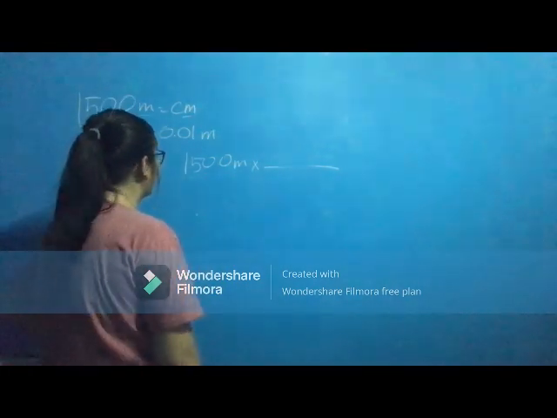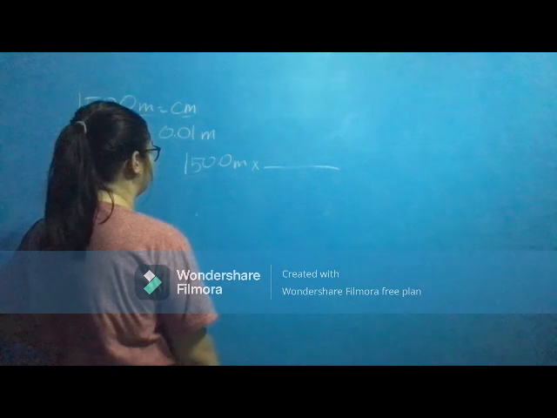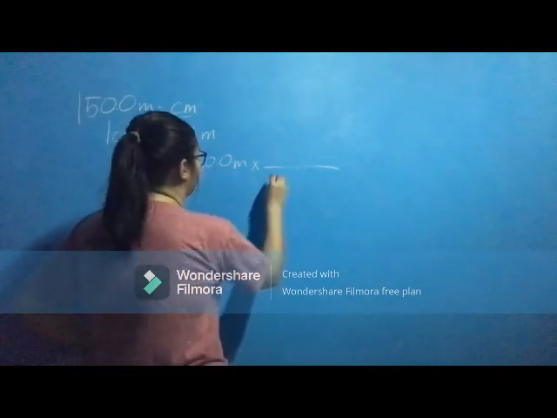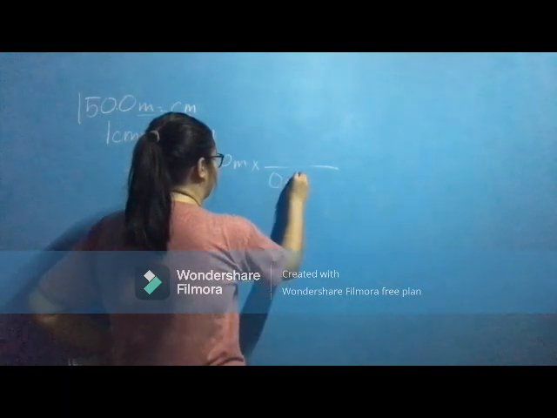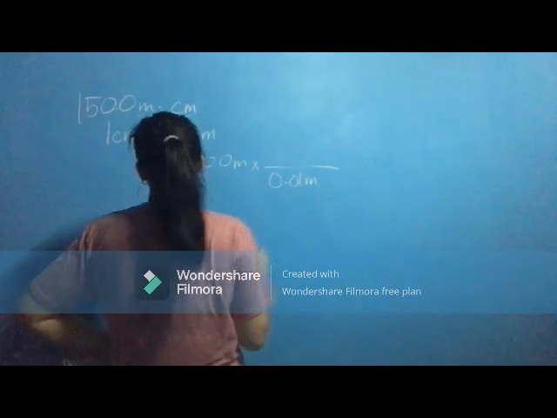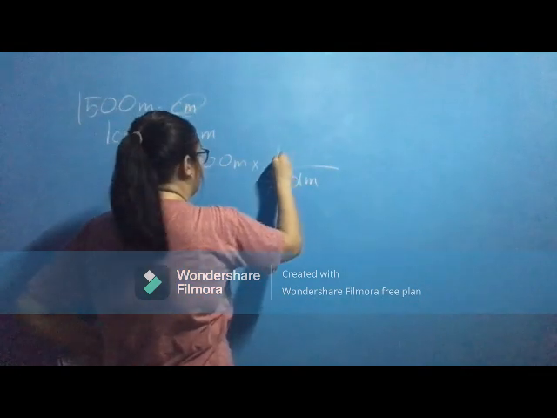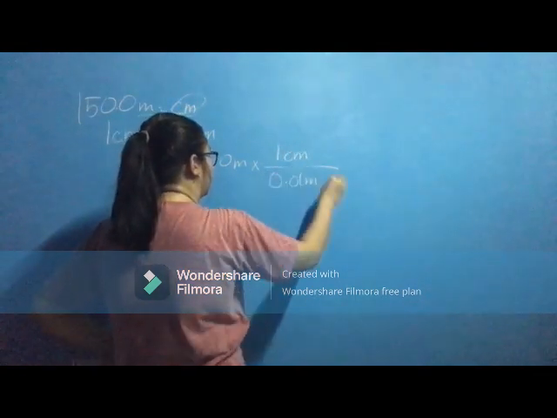Now, we put the same value in the denominator or the opposite side of it. Let's put 0.01 meter, and then the desired outcome, which is centimeter, for 1 centimeter.